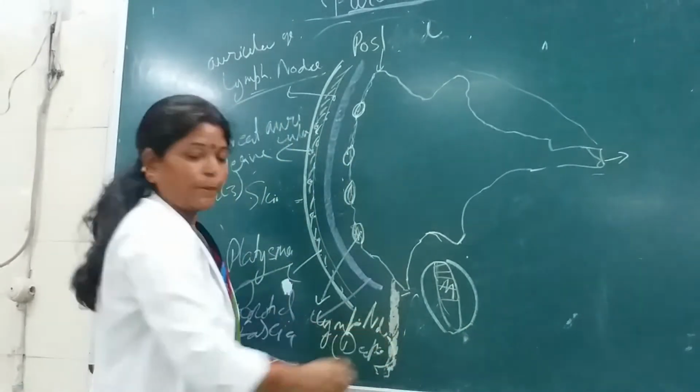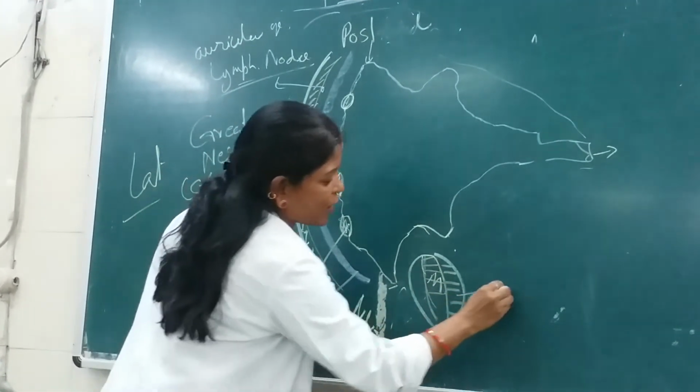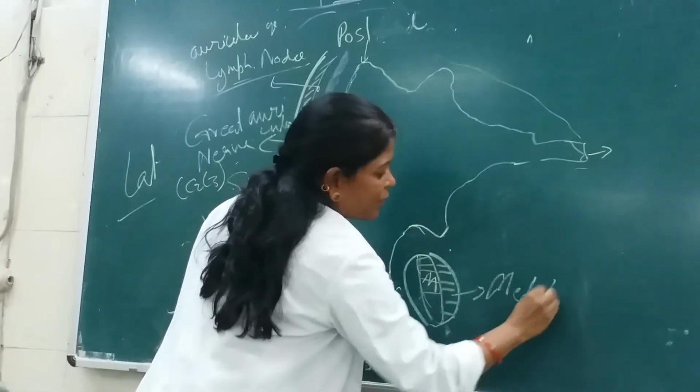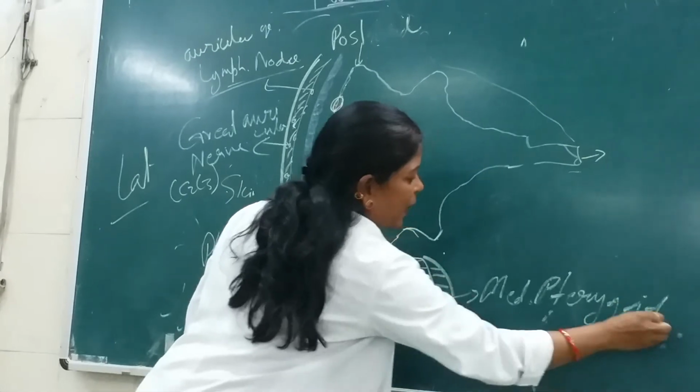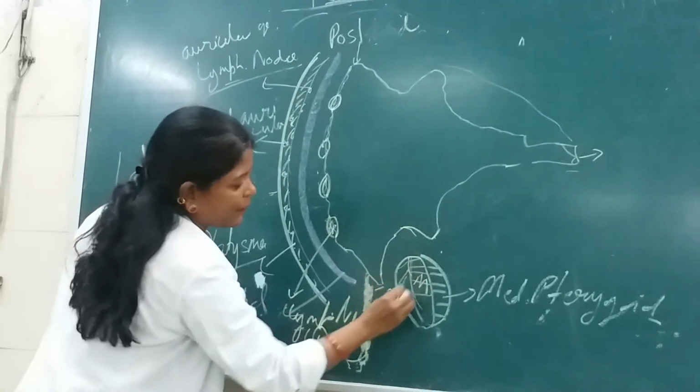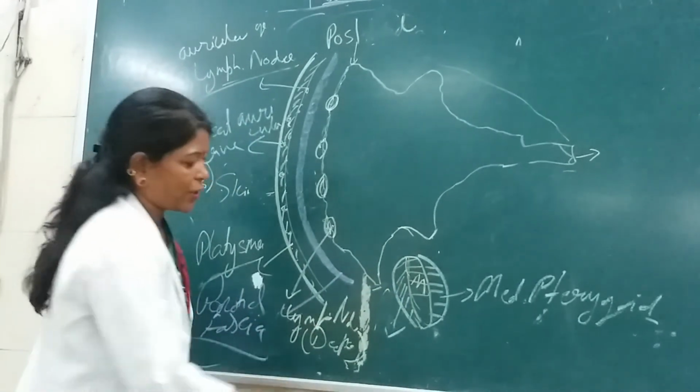Medially, this is the medial pterygoid muscle, which we have discussed in the parotid pit, and laterally, which muscle? Masseter.